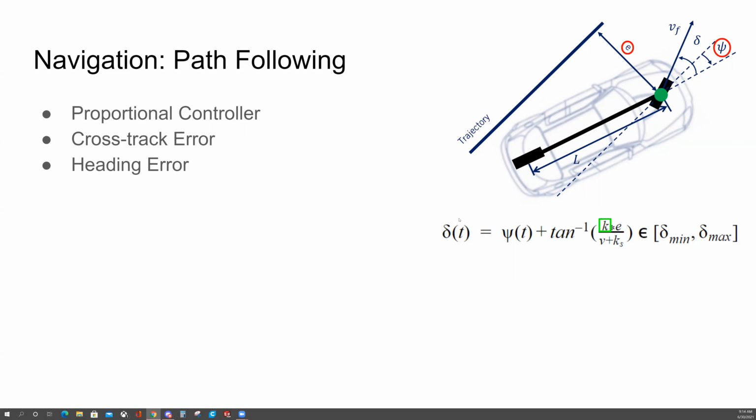And so this is the formula that we used. This formula we got from, I believe, an online source for autonomous vehicles, and it turned out to be a pretty good algorithm to use.